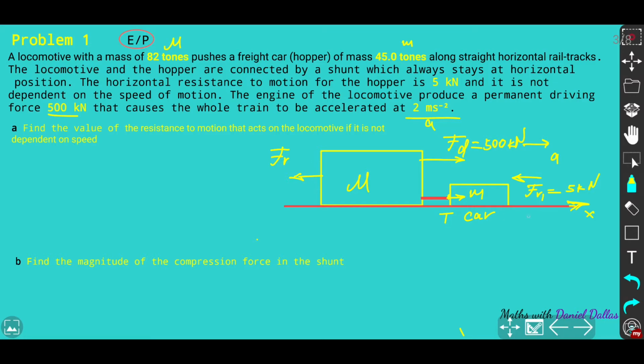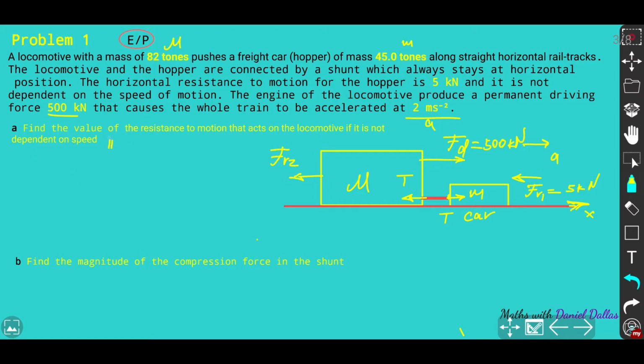Now it's already done. Fr2 for the locomotive itself is the resistant force against the motion. And what else? We do have the same force, which we mark as T, but on the opposite side. It opposes motion because that's from the side of the hopper, as if it's some kind of resistance to the motion. That's enough, and let's set up the second Newton's law.